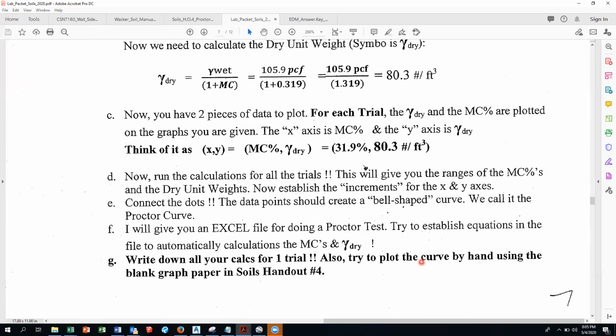Then what we're going to do, we'll go over some more of the calcs the first part of Thursday on Zoom, and then we'll analyze the Denver handout, which talks about analyzing field data. We're going to analyze field data as it relates to the lab proctor data.